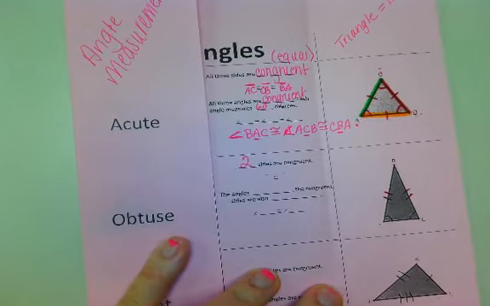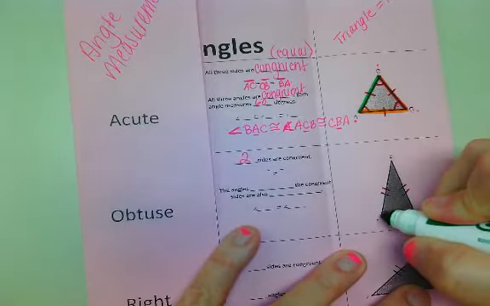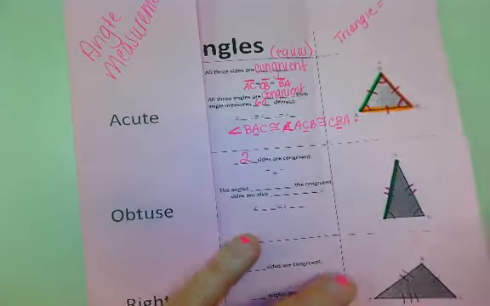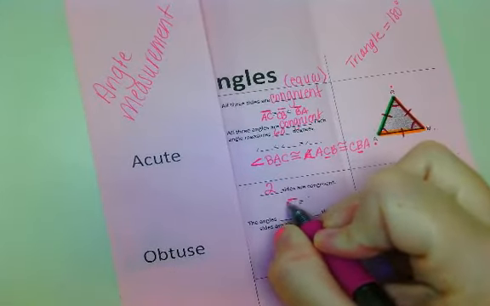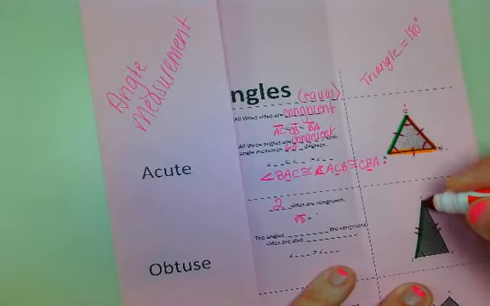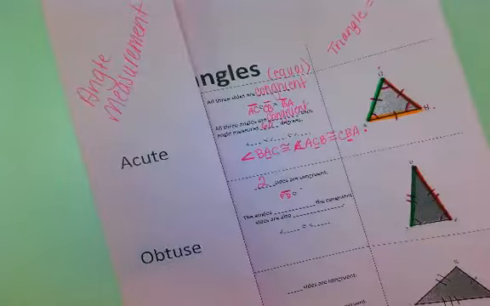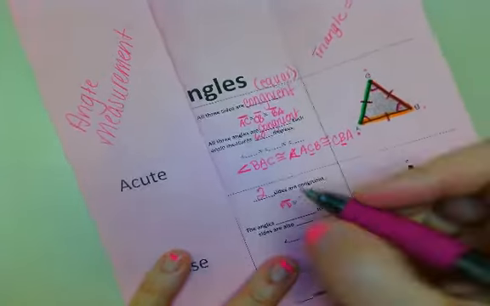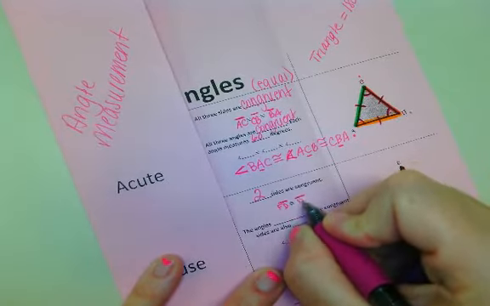So these two sides are congruent. So this time we're looking at side FD. Side FD is congruent to side DE.